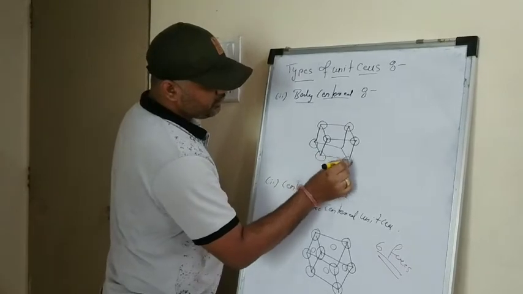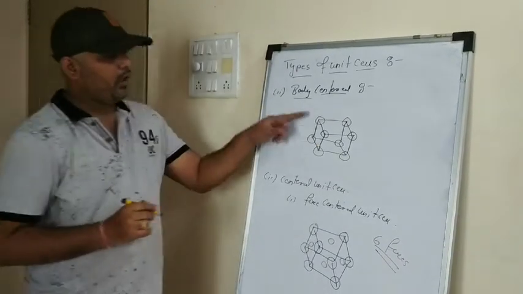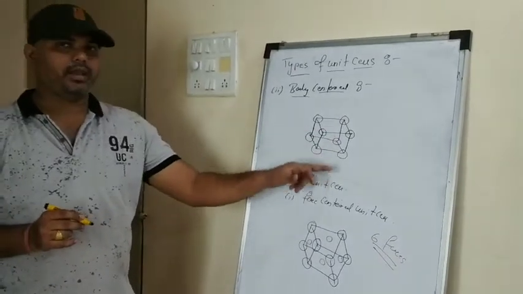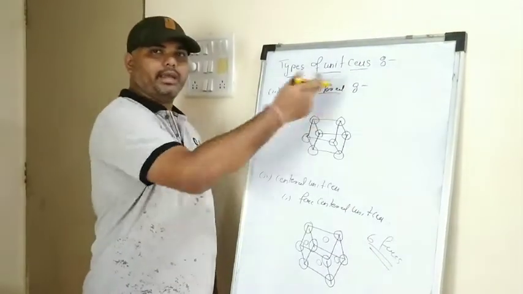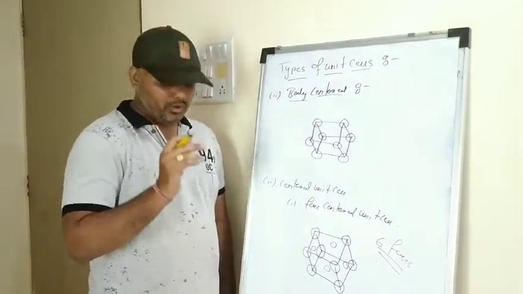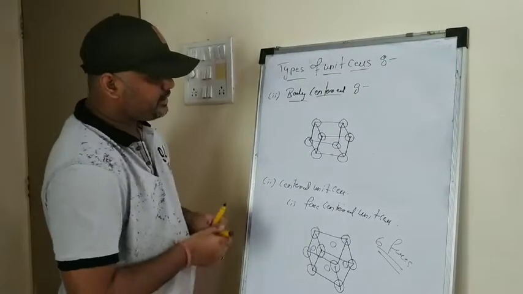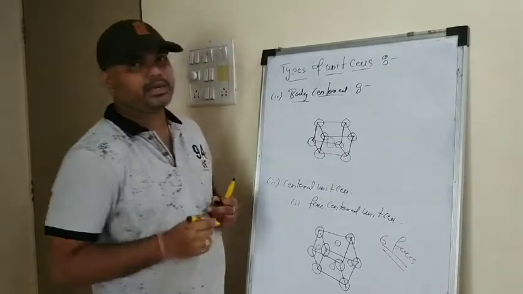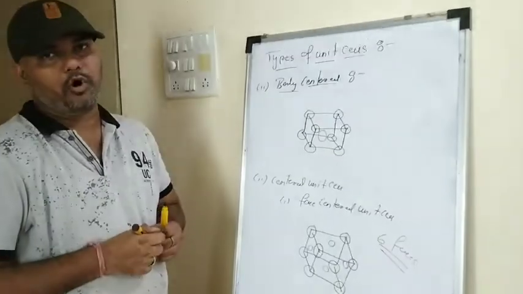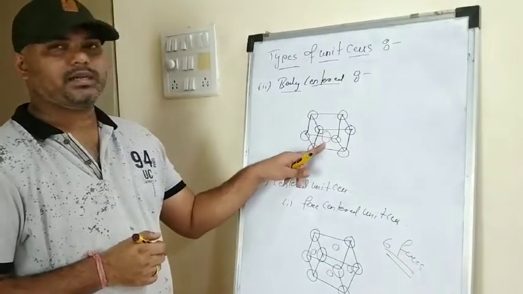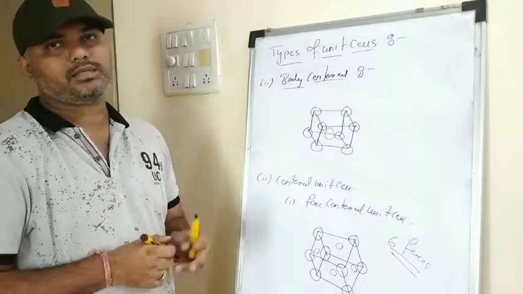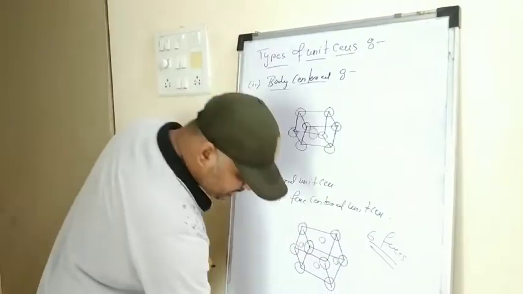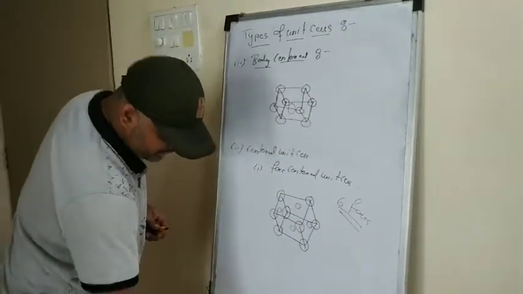So at a total of 8 corners, 1, 2, 3, 4, 5, 6, 7, 8. So here there will be 8 constituent particles again. Now what is the difference? The difference here is you can see that one particle is present in the center of the body, right? The particle is present at the center of the body. That is why it is said to be a body centered unit cell, right?